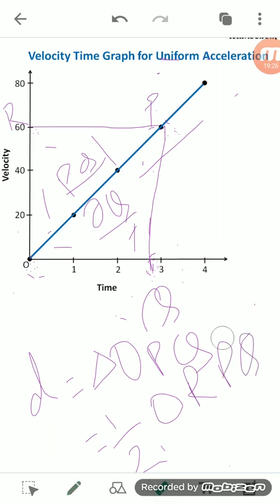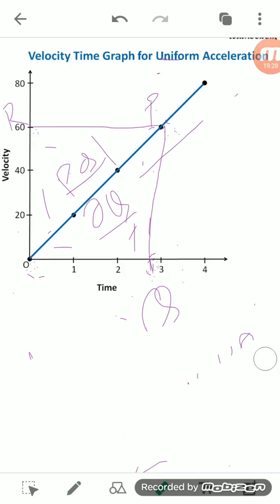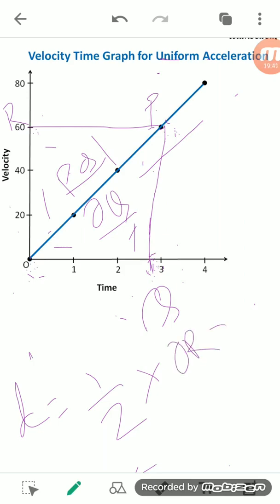And we know that area of rectangle is equal to length into breadth. So distance is half into length, and PQ is also equal to OR, so OR into OQ. The straight line sloping upward shows uniform acceleration, and by this we are able to calculate the value of the distance traveled.